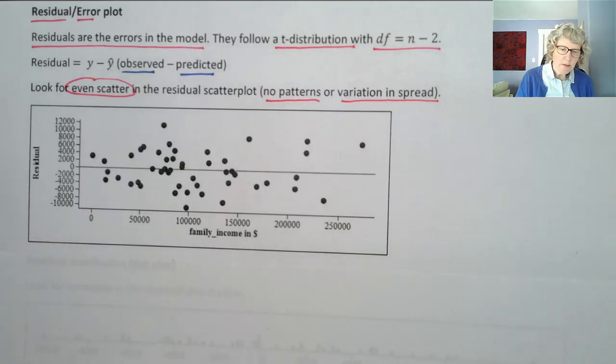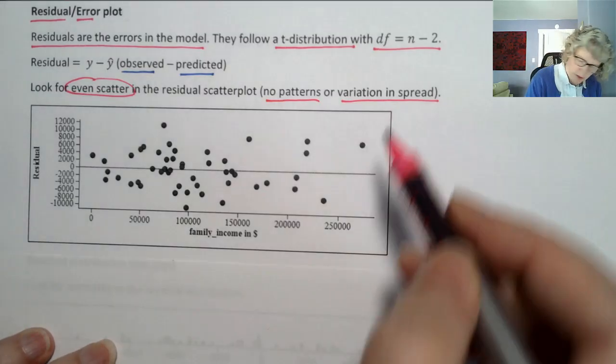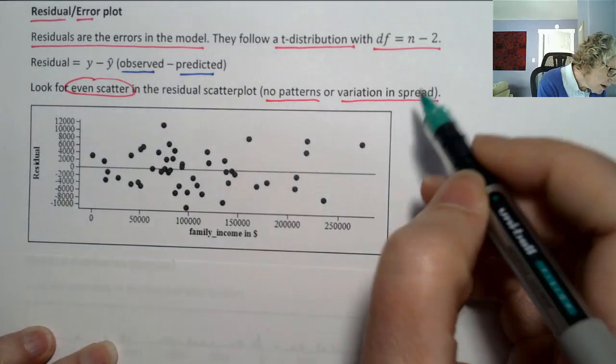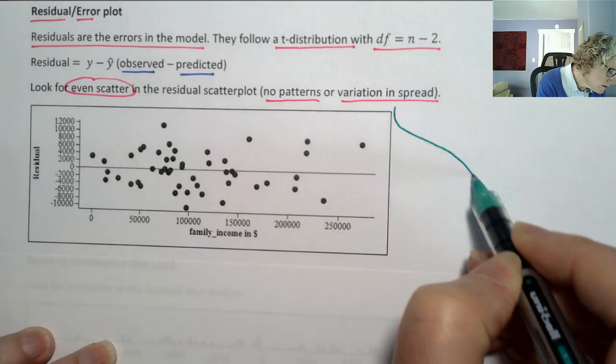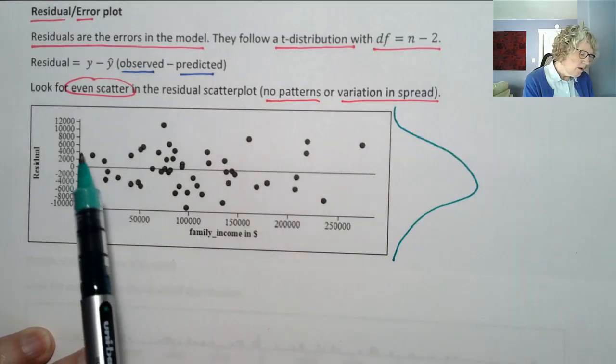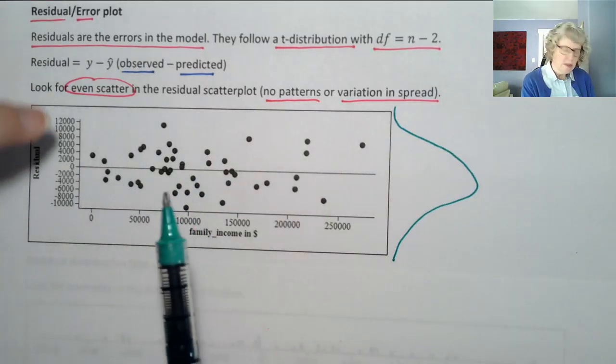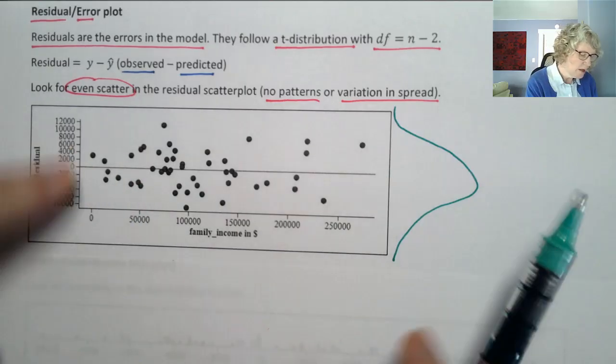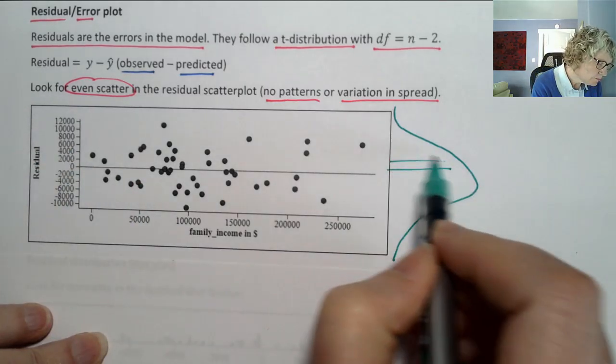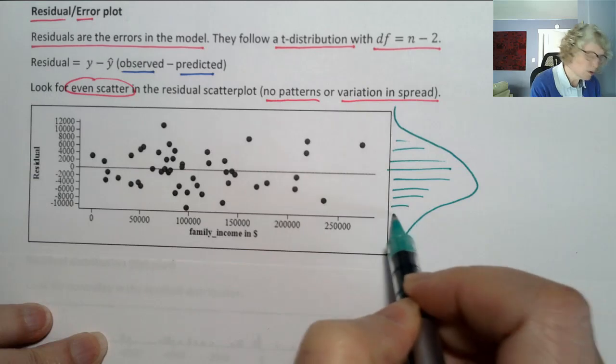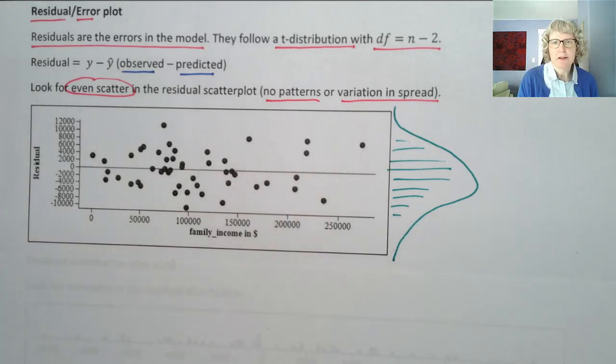And some programs will actually give you another one right here that shows a histogram of the residuals. They should follow a normal distribution, or we're using a t distribution.